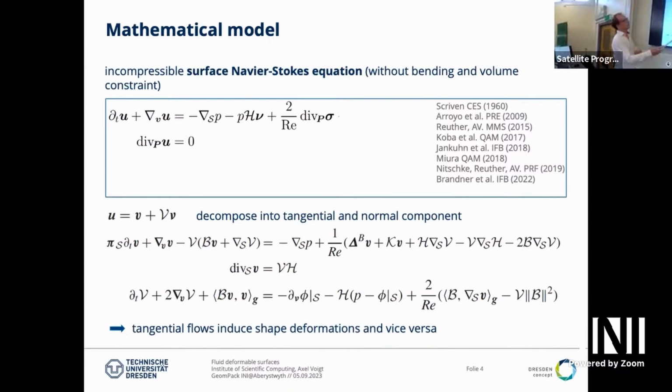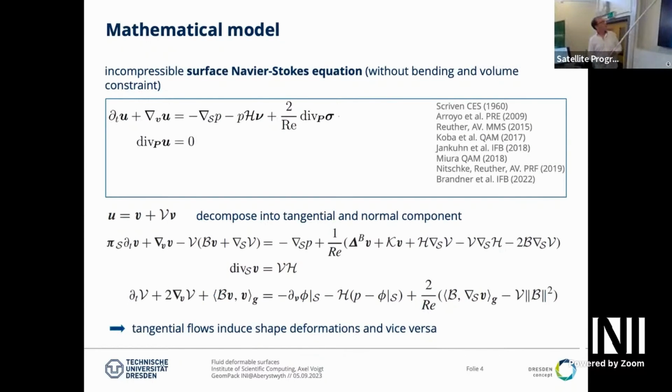And then there are various derivations of this type of equation, with different methods like thin film limit from 3D Navier-Stokes, or mass and momentum conservation in an intrinsic or an extrinsic formulation, and so on. In this very last one, they are all compared and related to each other, and in this notation, they all lead to this form.